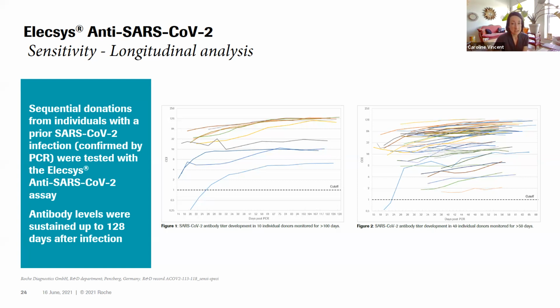As we can see, in all tested samples the cutoff index values, which is the result provided by the qualitative Elecsys assay, remained either constant or increased over a period of up to 128 days after infection, showing that the antibody levels are sustained up to more than 4 months after infection.